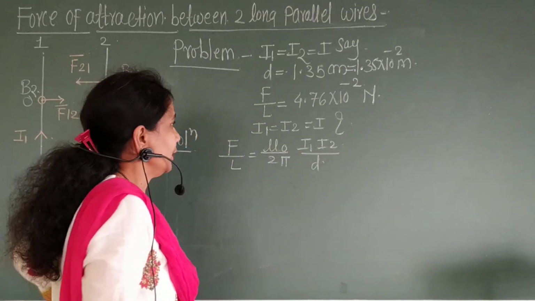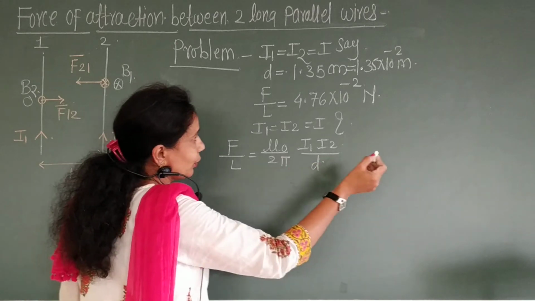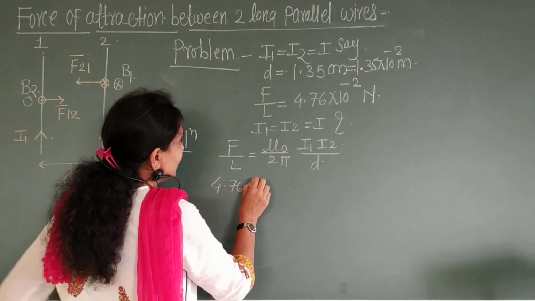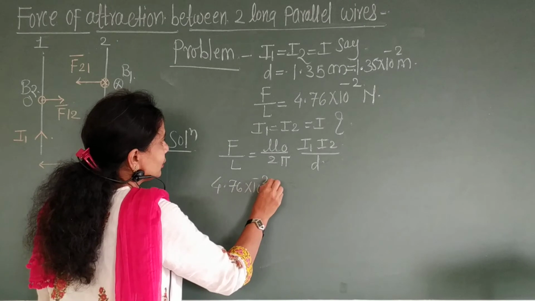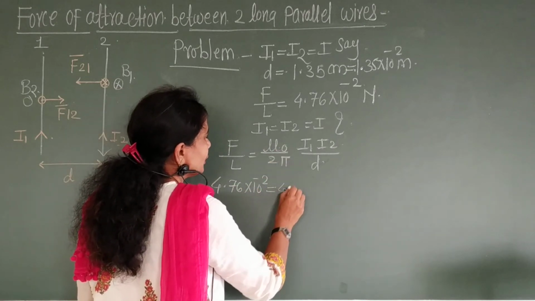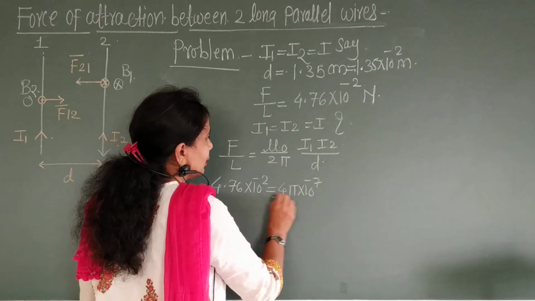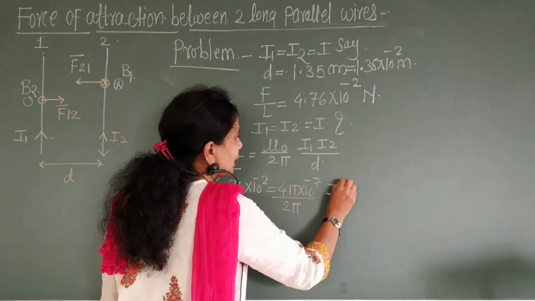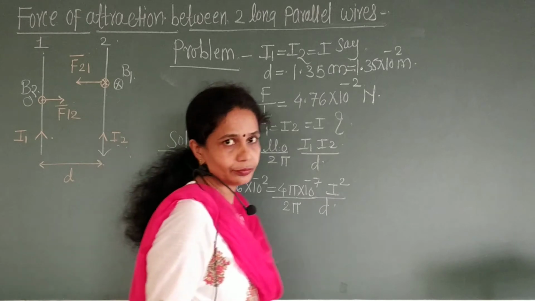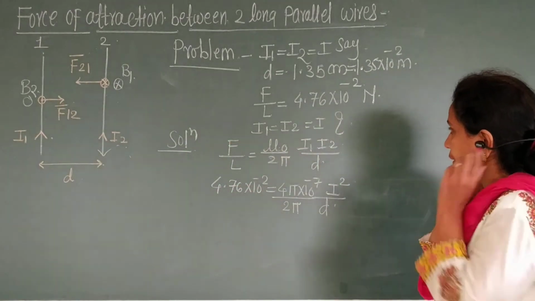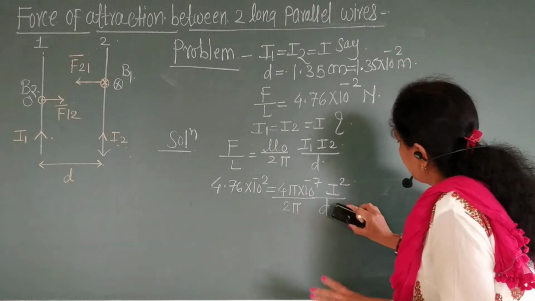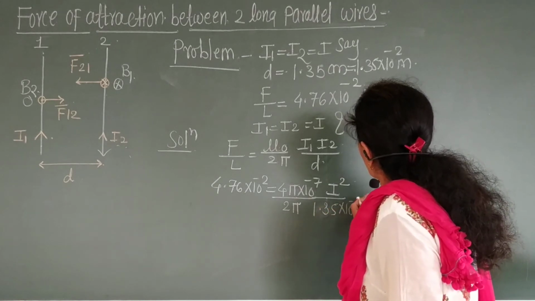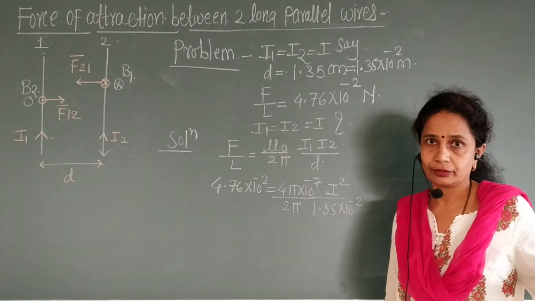Let us put the values. F/L is 4.76 × 10^-2, equal to the value of μ0 which is 4π × 10^-7 upon 2π, I1 into I2, I into I, therefore it is I square upon D. The value of D is 1.35 × 10^-2 meter.